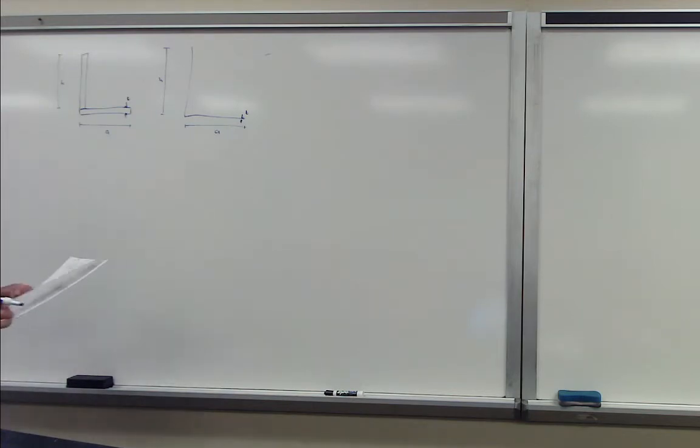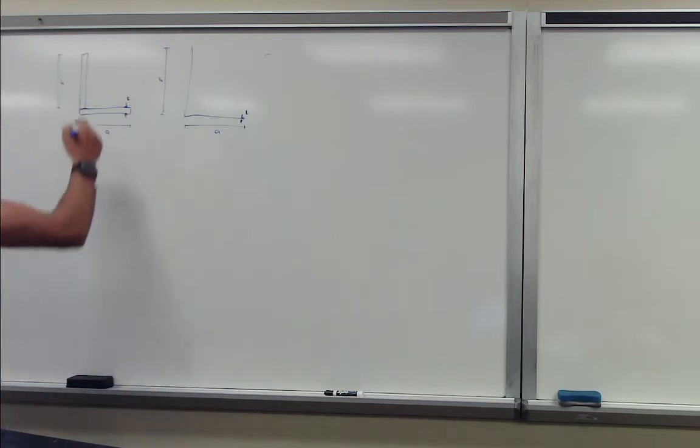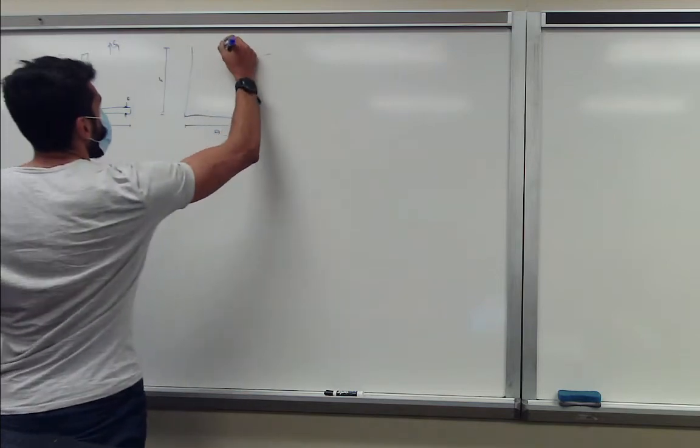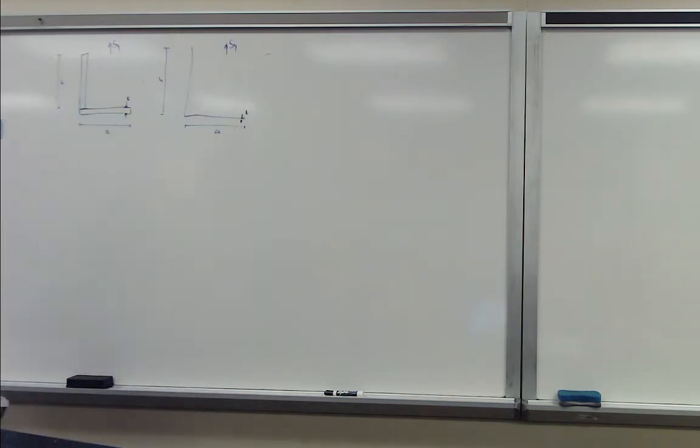So the question is, in this case, we also have a shear force going through the cross section. So we have also somewhere a shear force. Doesn't matter where it is for now. And the question is, what's the effect between thin walled and thick walled?